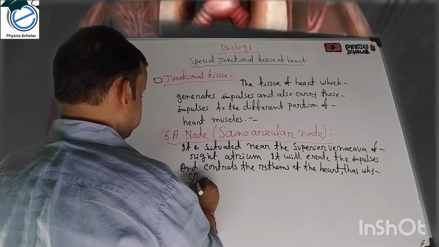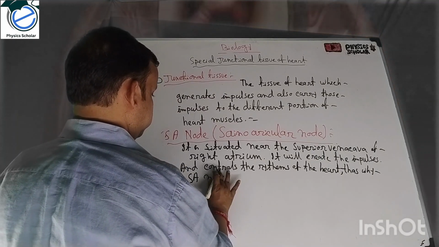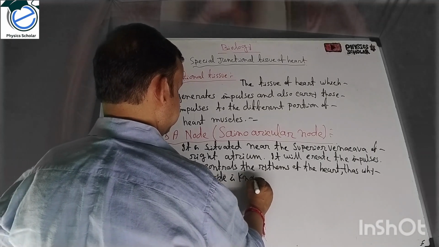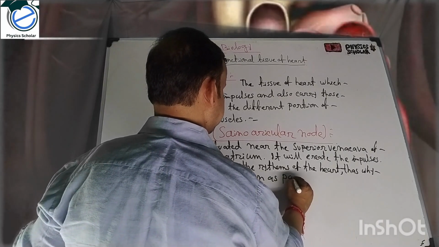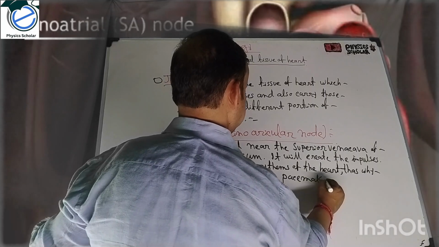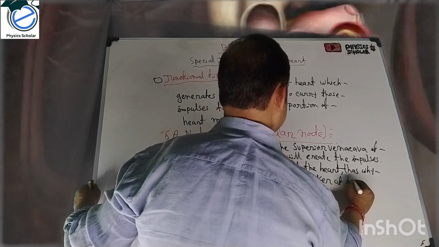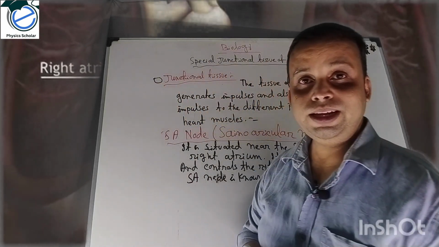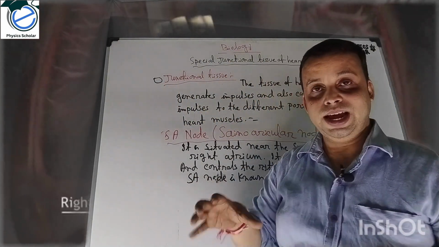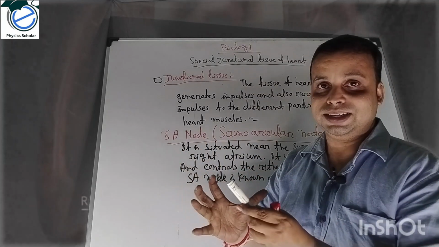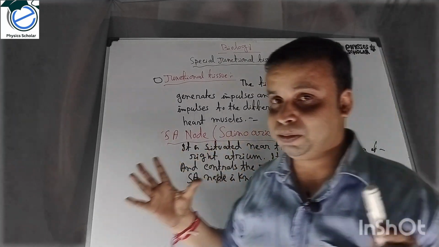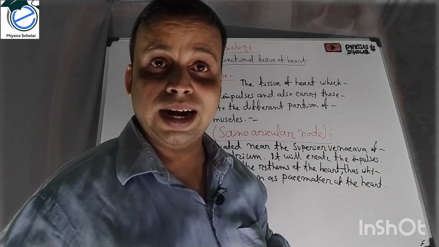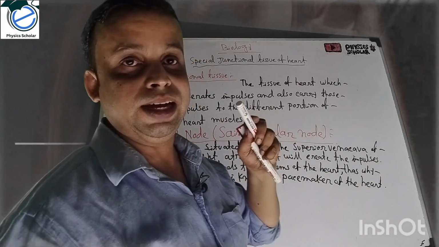That is why the SA node is known as the pacemaker of the heart.